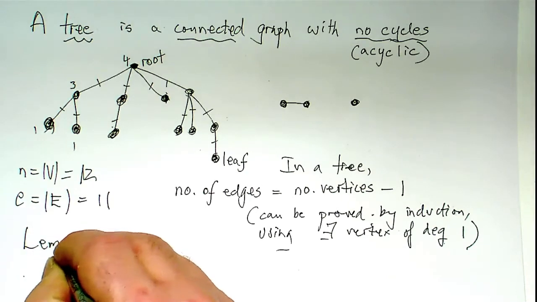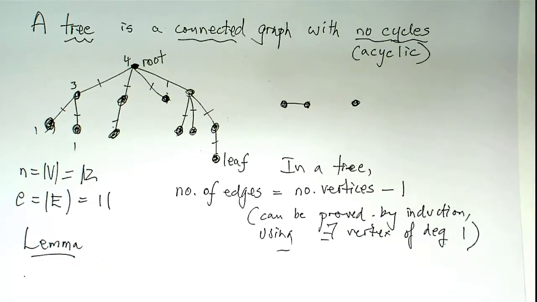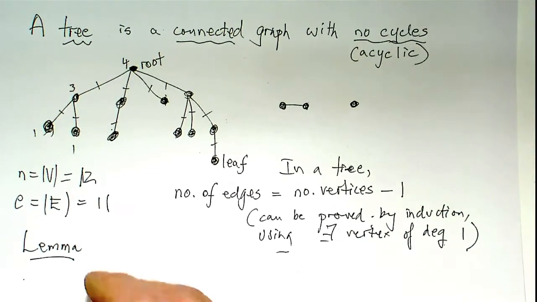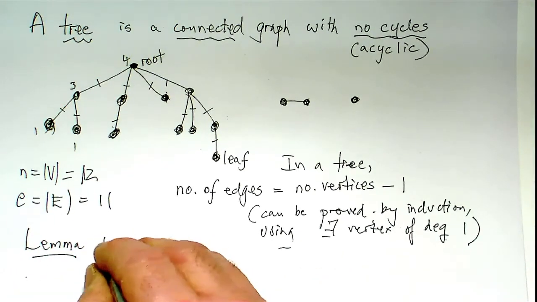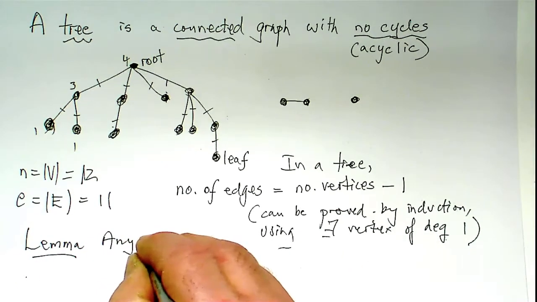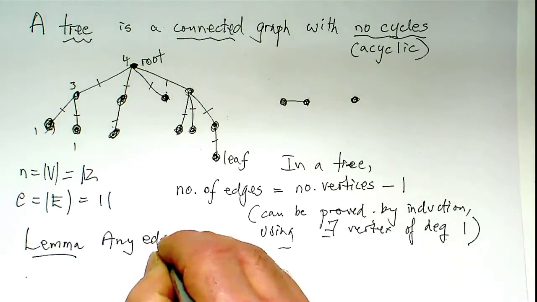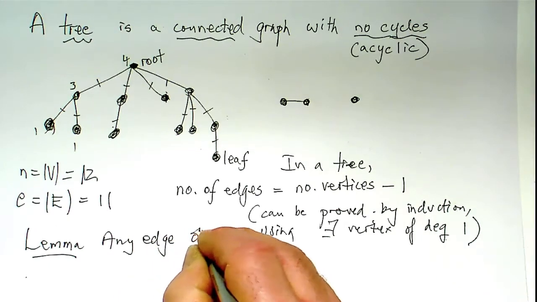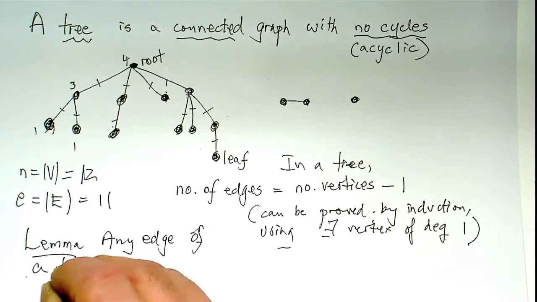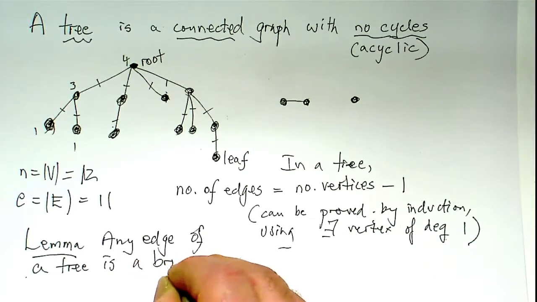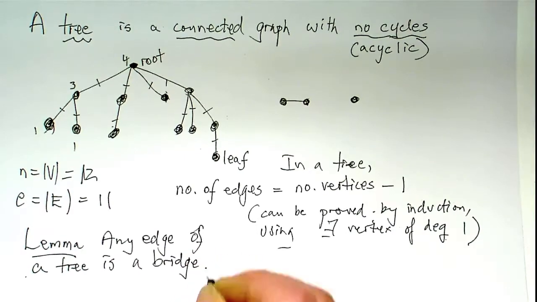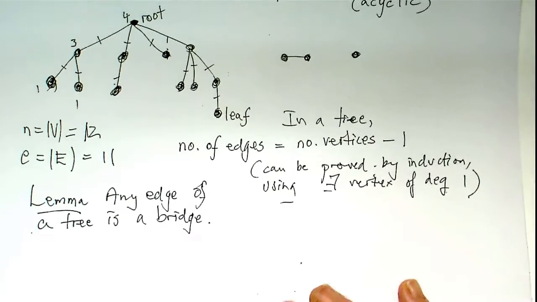There are different definitions of trees. And in terms of, I was talking about bridges. So any edge of a tree is a bridge. So look at the picture above.